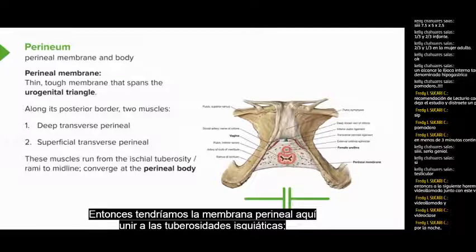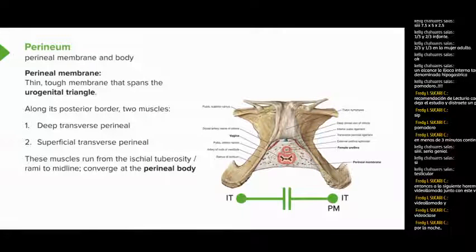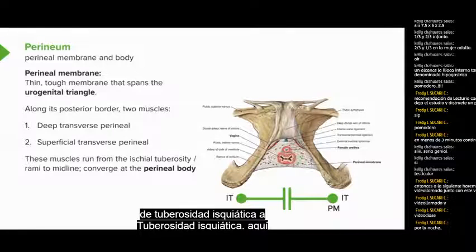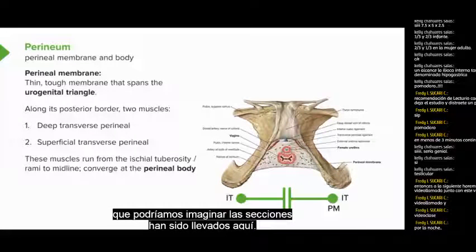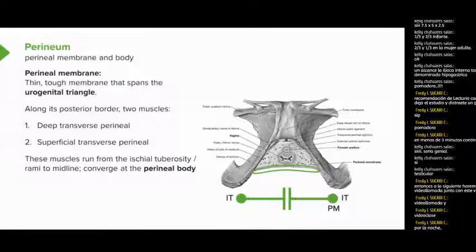So we'd have the perineal membrane here, attaching to the ischial tuberosities, and then this perineal membrane is just running across from ischial tuberosity to ischial tuberosity. Here, if we could imagine the section has been taken along here. And here we can see the free edge of the perineal membrane where it stops.